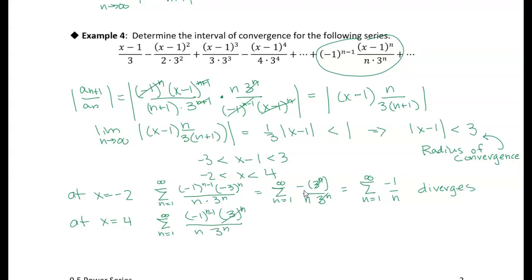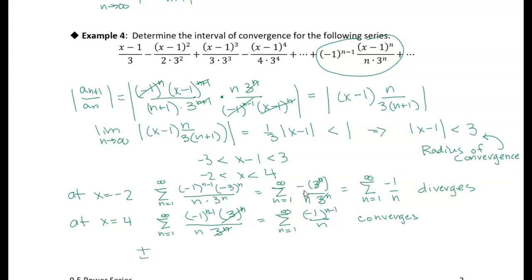This 3^n will cancel, and then we end up with the alternating series (-1)^(n-1) over n, which we know converges. It's a harmonic series, but it's alternating, so it converges. Okay, so we want to include 4 in our interval.